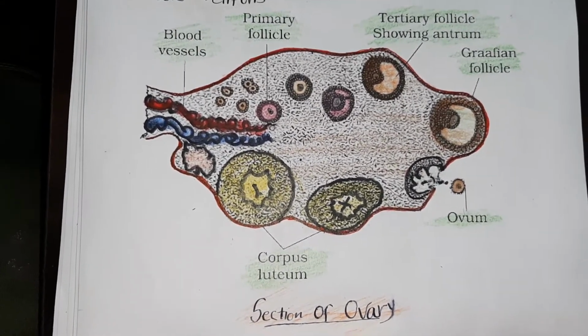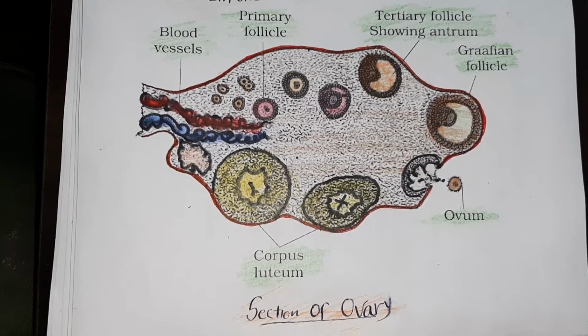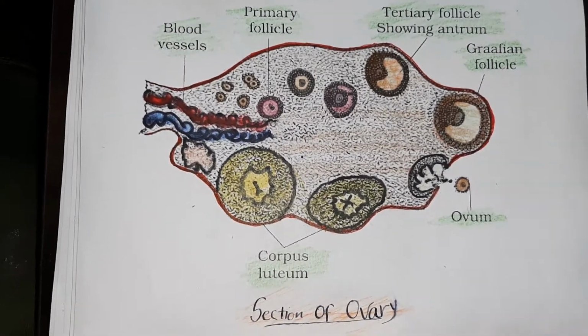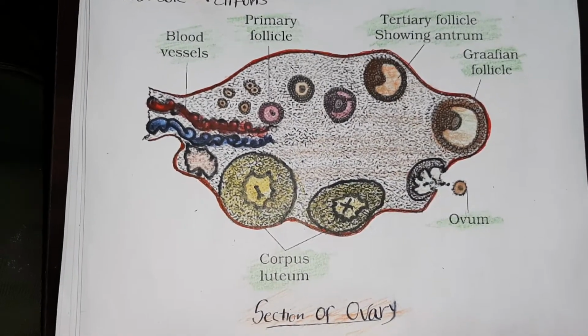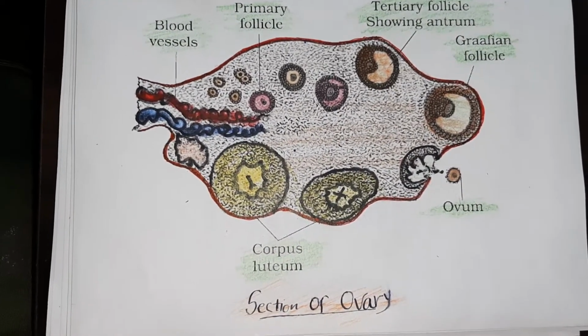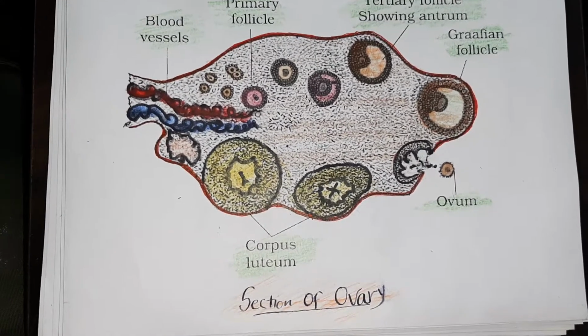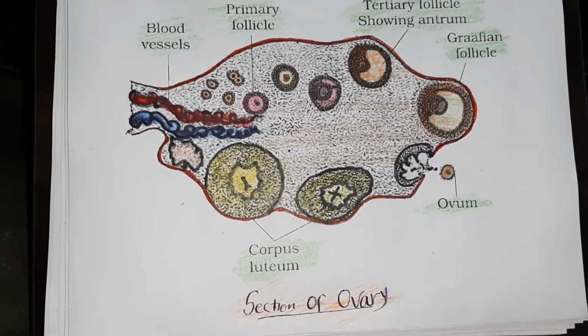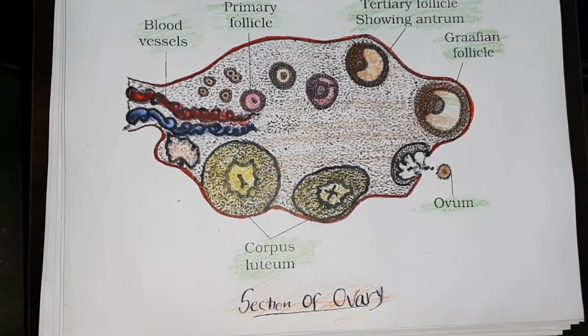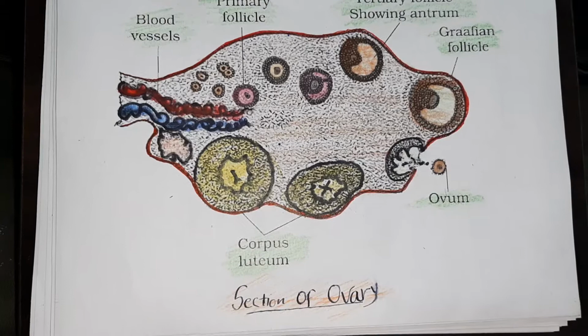As we discussed last time, in the case of human females, oogenesis starts before birth when thousands of oogonia are produced, which further differentiate to form primary oocytes. Primary oocytes are covered by granulosa cells, which form primary follicles.